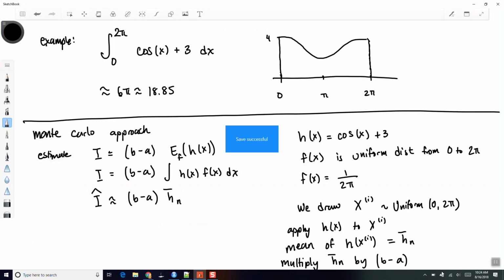And we hope at the end of all of this we get something around 18.85. Is that okay? All right, so let's try that out with R.